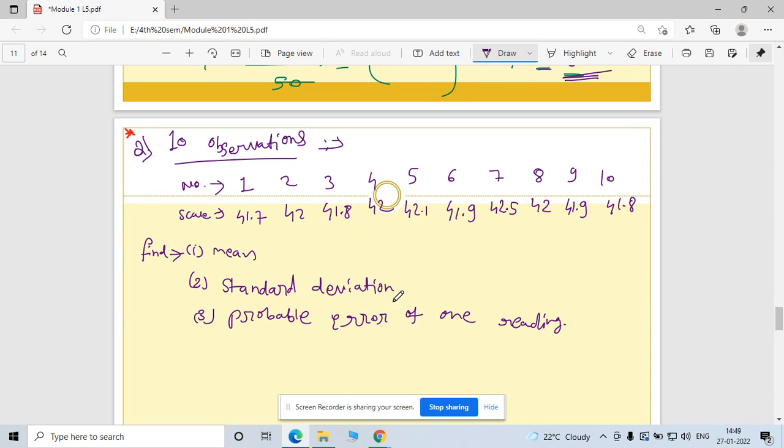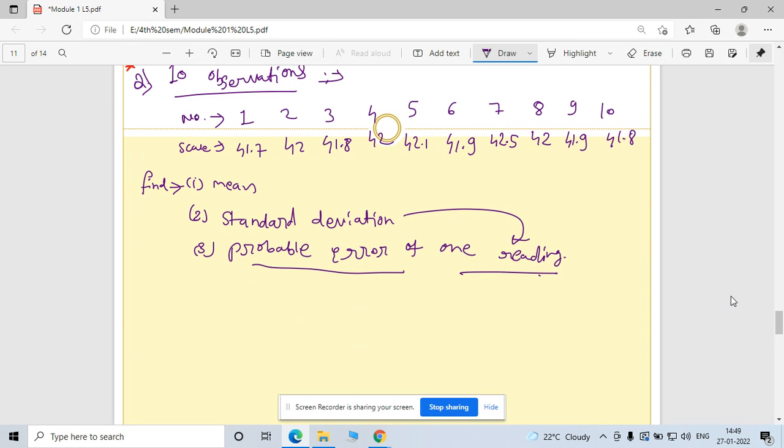Here, probable error of one reading means it is better to use the standard deviation. Whatever standard deviation you get, you need to find the probable error for it. First of all, find these two values with this scale of reading, and then find the probable error.